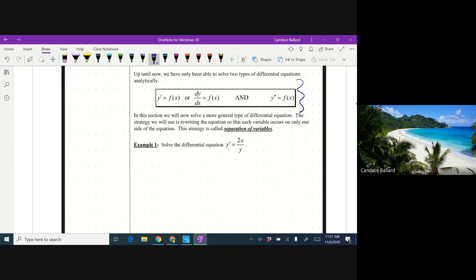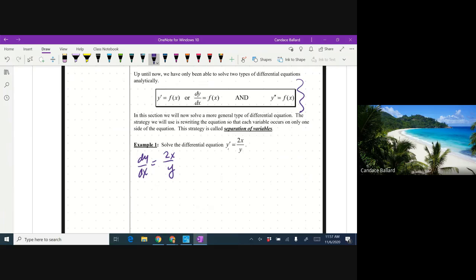I'm going to start by rewriting y prime as dy/dx. And then we've got 2x over y. All right, so now I need to get all my y's to the left and everything else goes to the right.